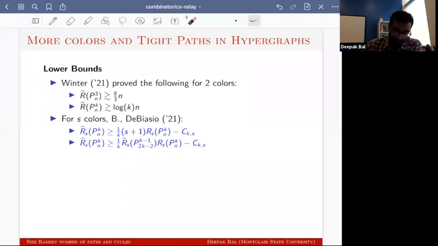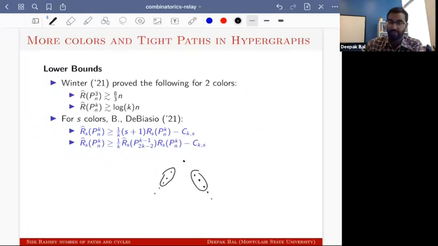So how does that work? Well, the basic idea behind this is, remember here what we did was you separate off low degree vertices, and then you show that you can color these so as not to hook up any paths, right? So the idea is that if you have 2 tight paths and you wanted to connect them up via some vertex, which edges would you end up seeing?